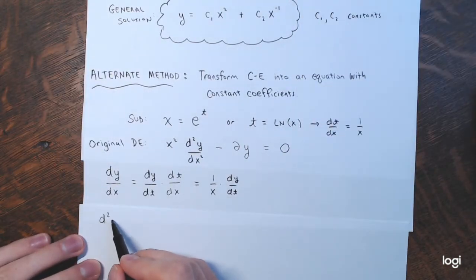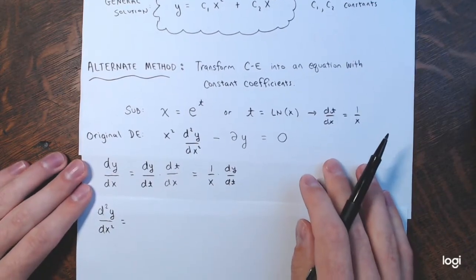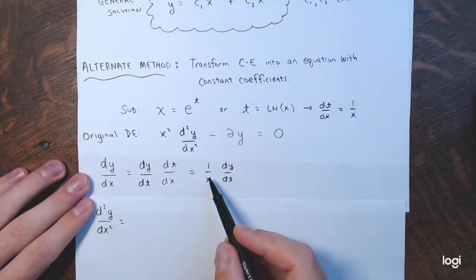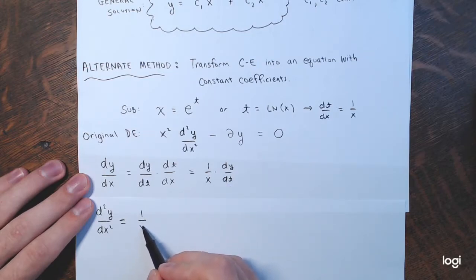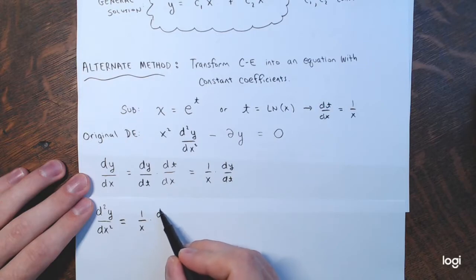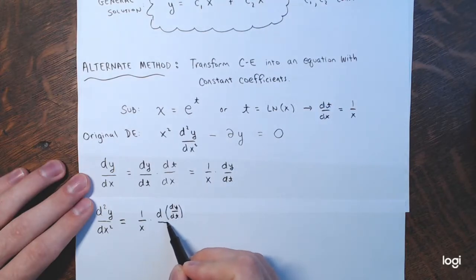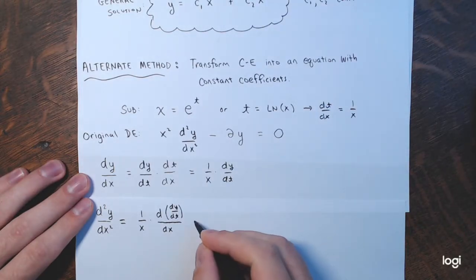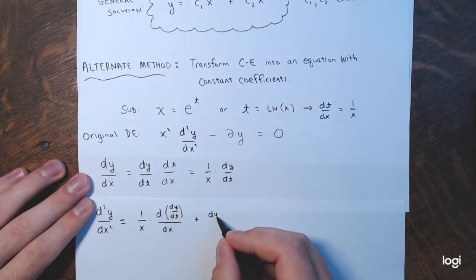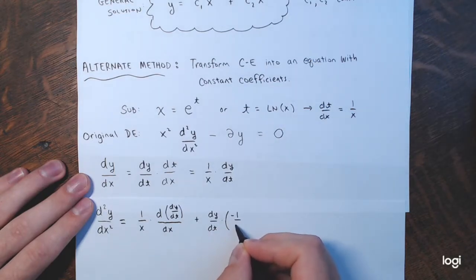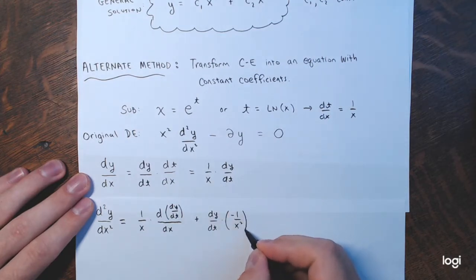So I would have to use the product rule here. That'd be the first, 1 over x, times the derivative of dy dt with respect to x, plus dy dt times the derivative of 1 over x. But the derivative of 1 over x is negative 1 over x squared. Right? That's x to the negative first, and you're differentiating with respect to x.